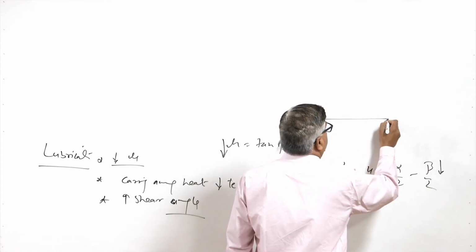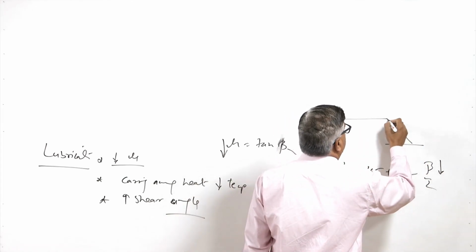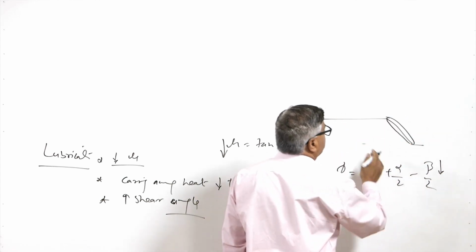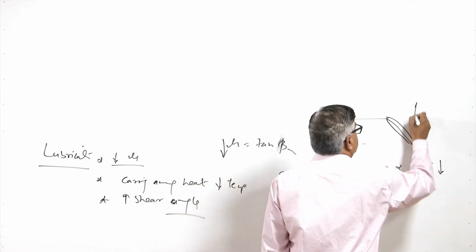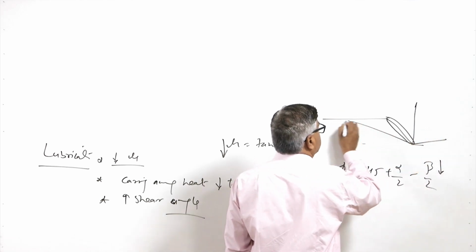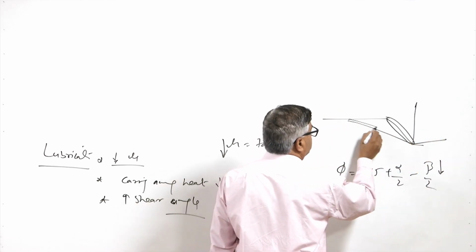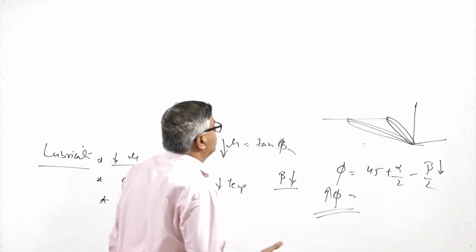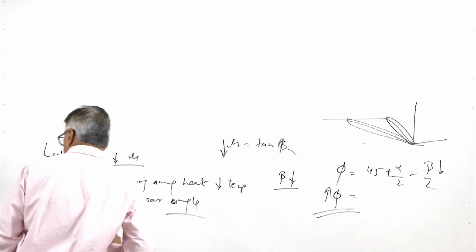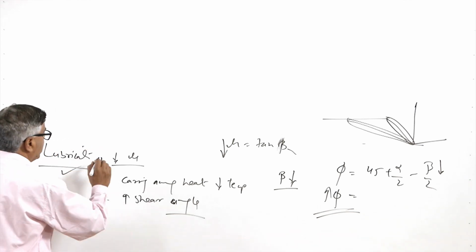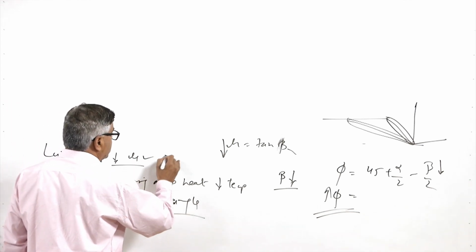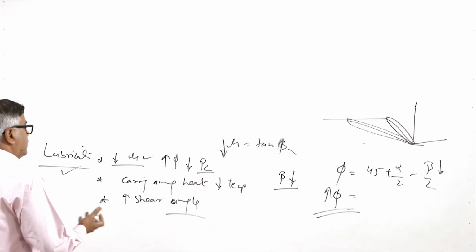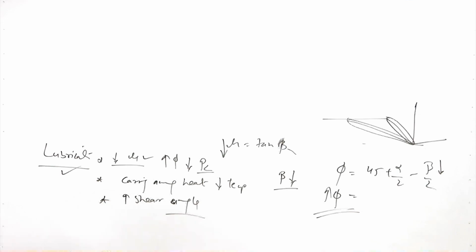We know that if the shear plane angle is increased, it reduces the shear area which is required to be sheared off during machining, as compared to the case when the shear plane angle is low. If the shear plane angle is low, we need to shear off a much larger area, which will require much more shearing force and much more power consumption. So, when lubricants are used, they reduce the friction and increase phi, which in turn reduces the power required for cutting, as well as the forces required for shearing.